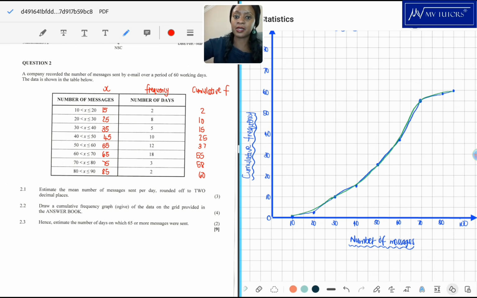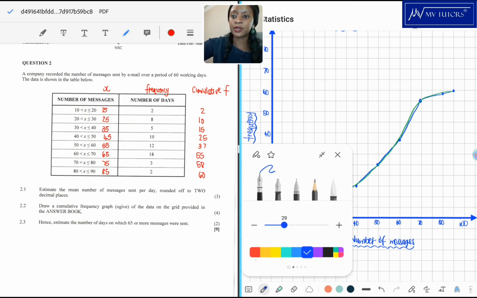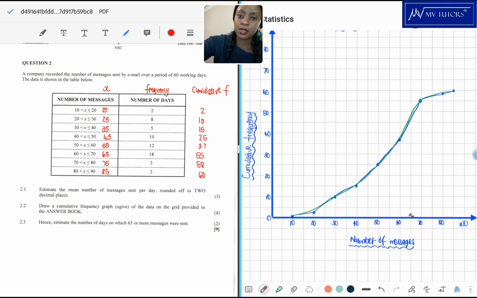Maybe let me use a different pen or color. Let's use red to show. So 65 is here. I'm just going to draw it all the way. So that's the line for 65.